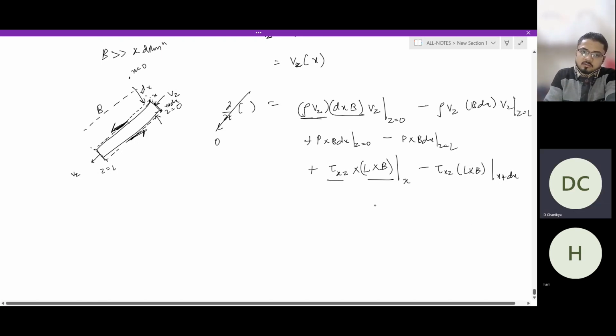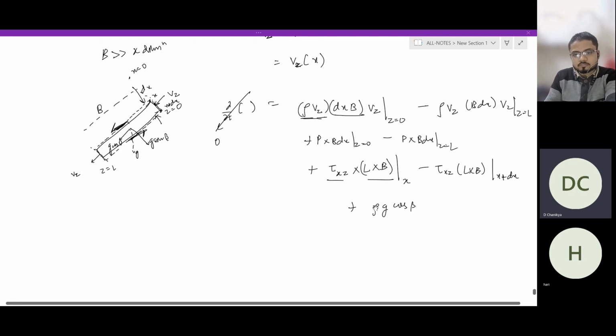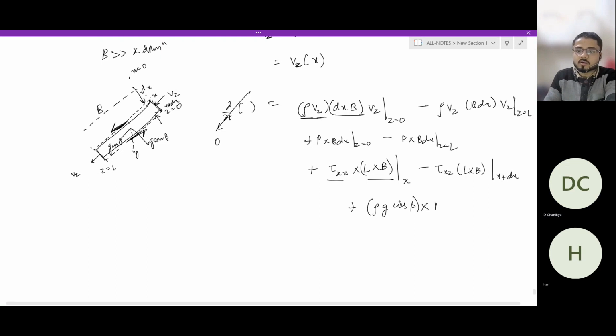Plus, if this is g, then this is g cos beta, and this is g sin beta. So the other force that you have is rho g cos beta. This is the component of the acceleration, and multiply this by BL.